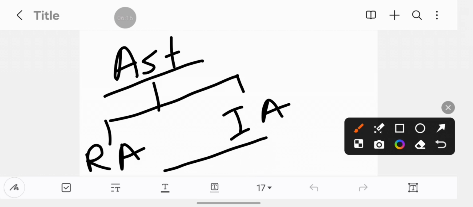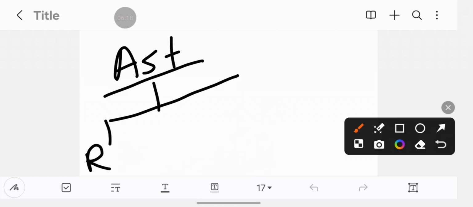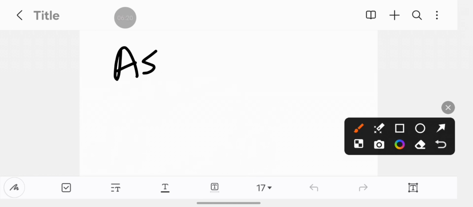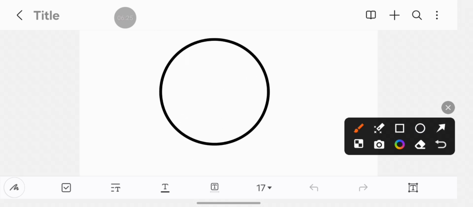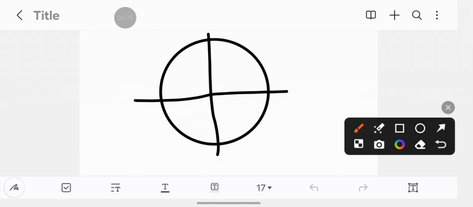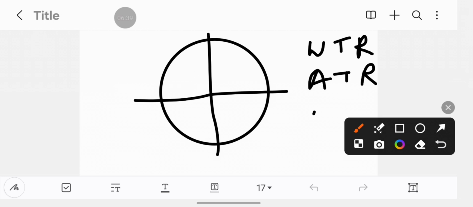Let's talk about them. Suppose this is the cornea, with the vertical meridian and the horizontal meridian. Regular astigmatism is of three types: with the rule astigmatism, against the rule astigmatism, and oblique astigmatism. This is regular astigmatism.